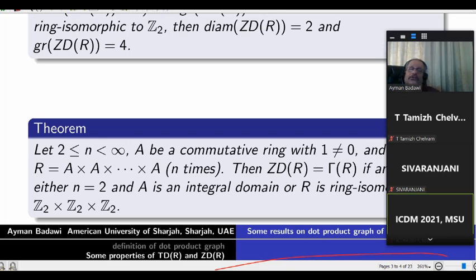Okay, so I call this result a connection between the zero dot product graph and the structure of the ring.